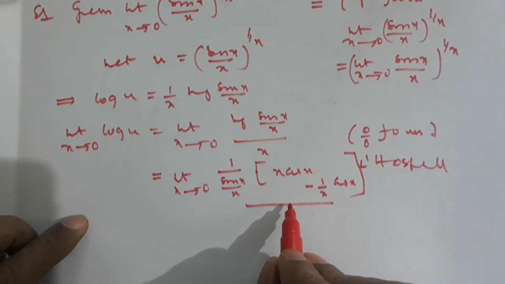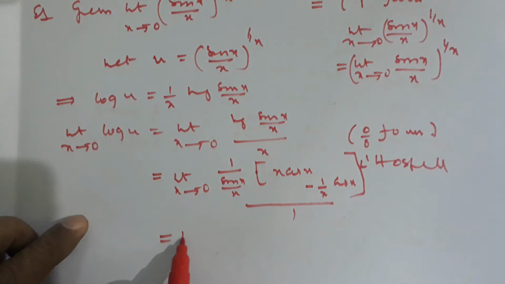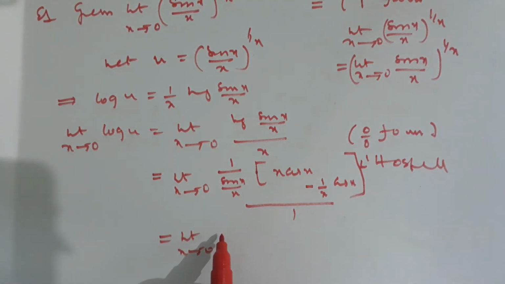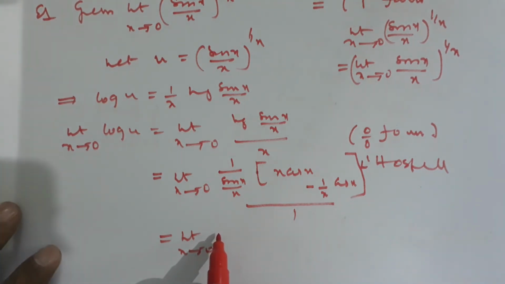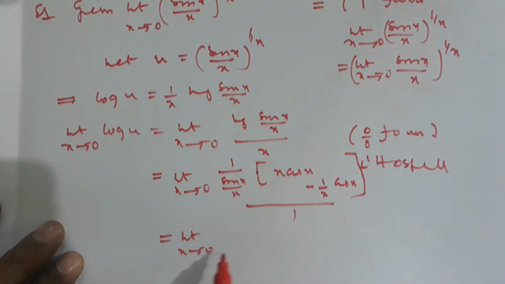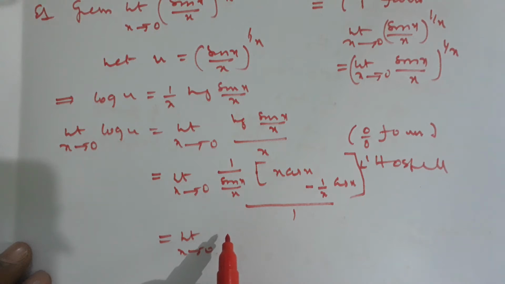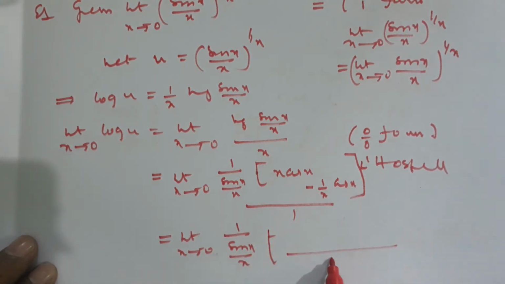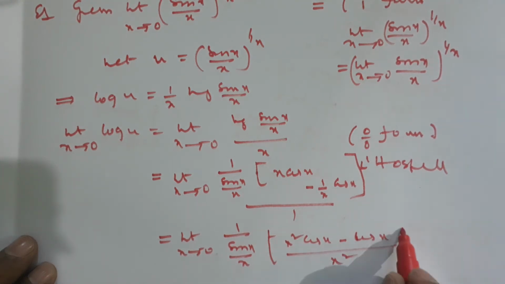Taking the LCM, this is x square cos x minus cos x.